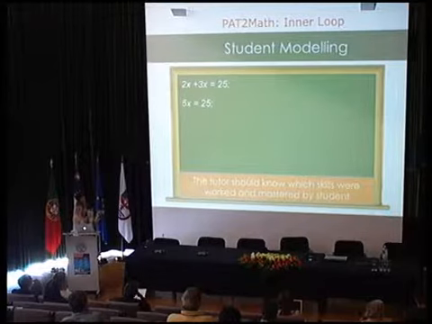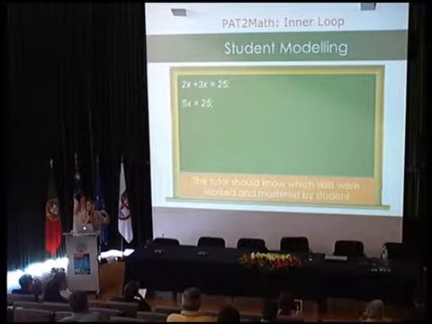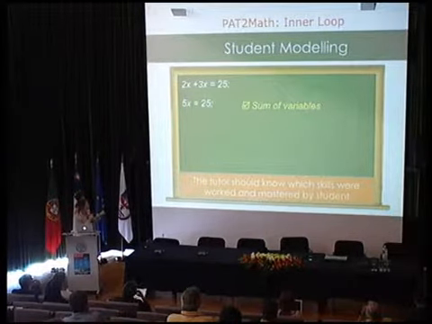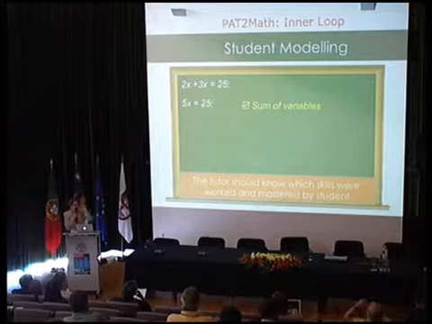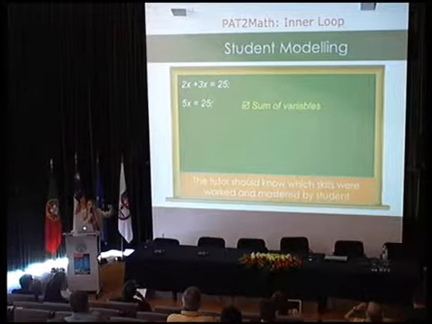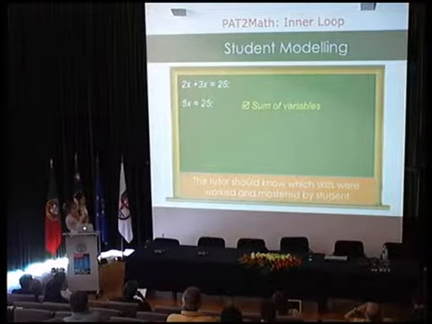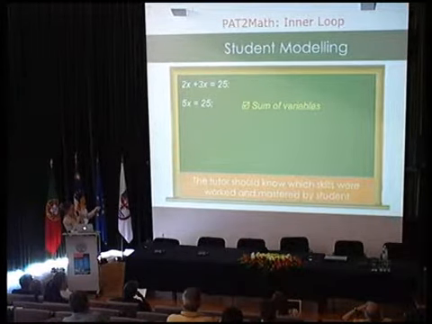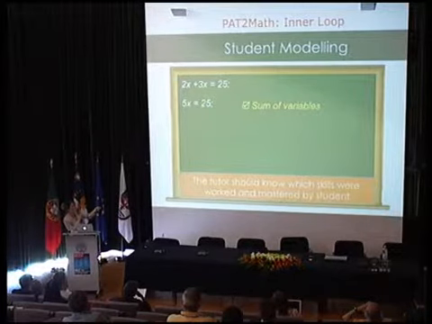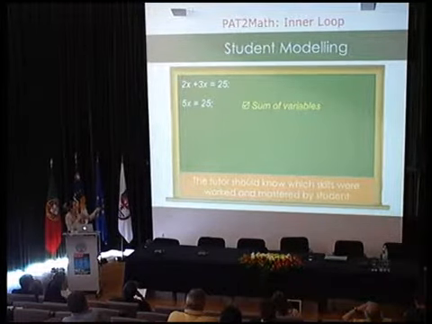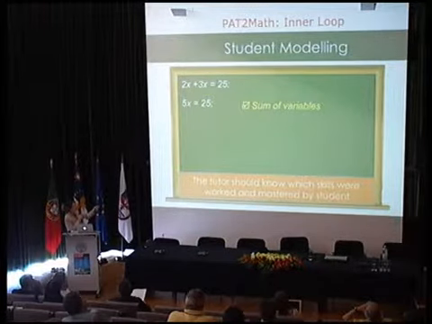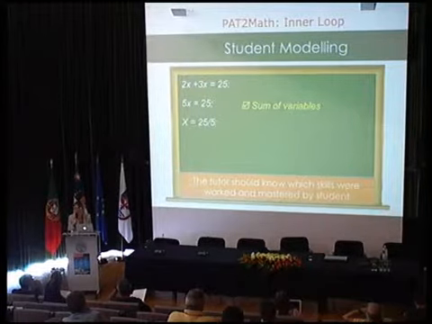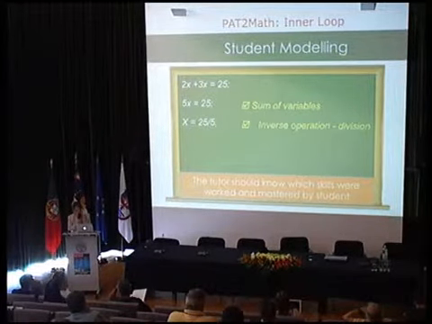After applying several rules, it's going to perceive, okay, I used this rule, and each rule is associated with knowledge, with an algebra operation. So the expert system realizes, okay, I used this rule related to the operation sum of variables. It means that the student correctly applied this knowledge in order to solve this step. So it gives information about the skills that the student masters, for the student modeling.